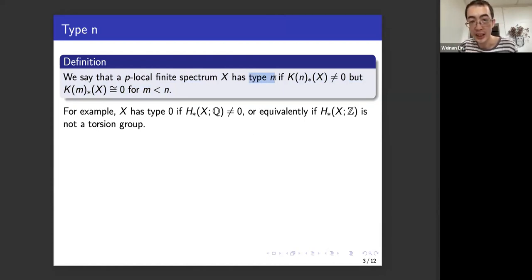And you can construct them inductively. If you have a spectrum of type N, then to get a spectrum of type N plus 1, you have to construct a self map from a suspension of X into X, and by the help of Kn homology, if you know enough about the Kn homology of X and what happens in the induced map on Kn homology by the self map, and then if that map satisfies some condition, then you can take the cofiber of that, then you can get something of type N plus 1.